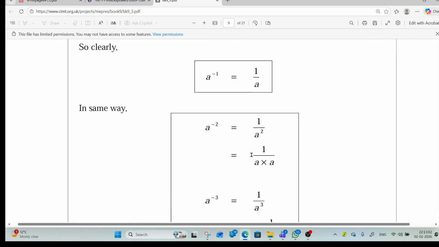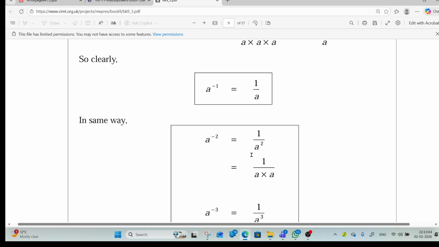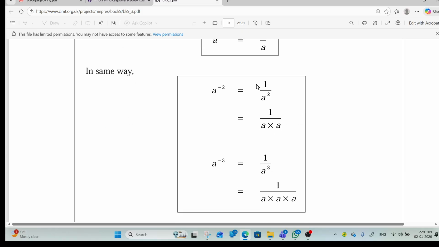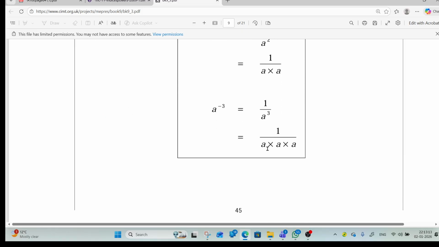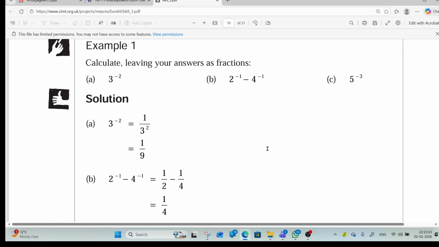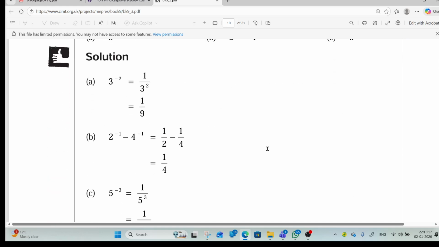For negative indices, we learned that if we have a to the power negative 2, we write it as 1 over a square. If we have a to the power negative 3, we write it as 1 over a to the power 3, right? For example, 3 to the power negative 2 is 1 over 3 square. When we write 1 over, the negative power becomes a positive power, right?